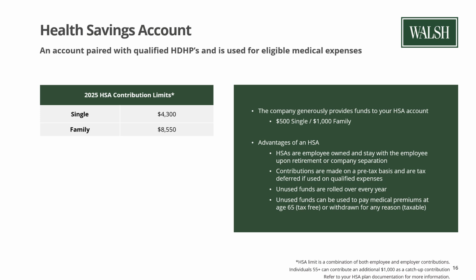The company is going to put $500 into your HSA, so that does decrease that maximum contribution limit to you. For a family plan, your maximum HSA contribution is $8,550, and the company here offers a $1,000 contribution into your HSA account.